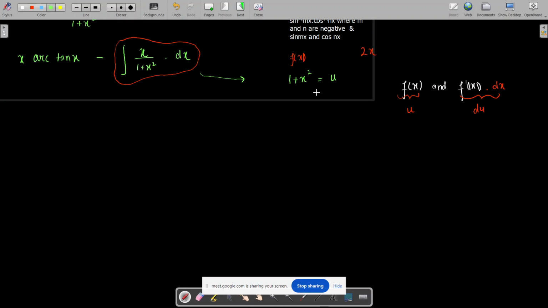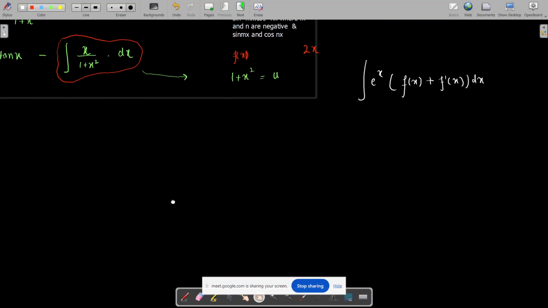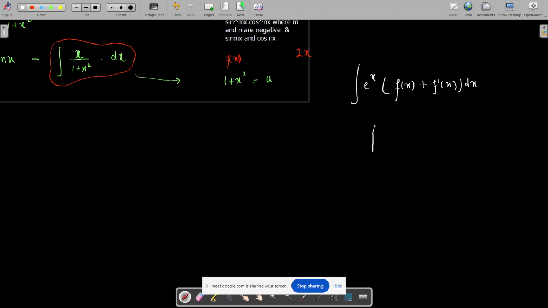If you have a function and its derivative in the integral, then you need to use u substitution to cancel it out. That was the case for the integral with e to the power x, where inside the parentheses you have f of x plus the derivative of f of x. But you also have the case where in the denominator you have f of x, and in the numerator you have its derivative times dx.